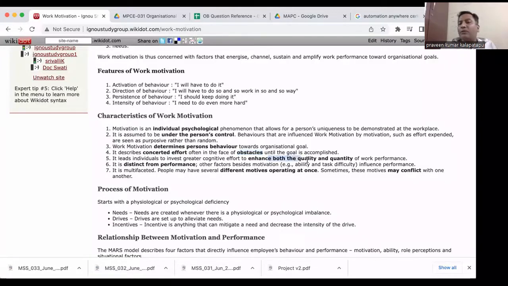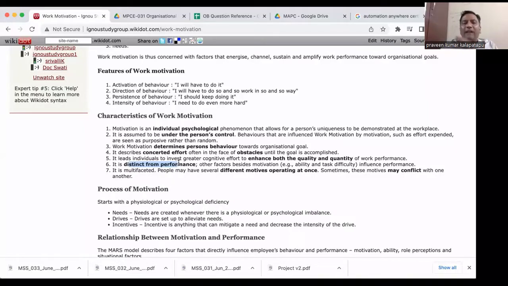It enhances both quantity and quality of the work experience. Basically, overall, the amount of work that he is going to do and the quality of the work are both going to be improved because of the motivation. Even so, this sixth point is the most interesting point, which often gets confused: motivation is different from performance.